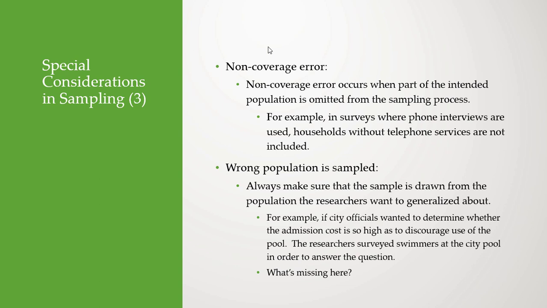For example, if the research goal is to study whether the admission fee is too high for a city pool, and the researcher only asked the swimmers inside the pool to be in the sample, apparently those who could not afford the cost were left out of the study. So this is a typical example of the wrong population being sampled.